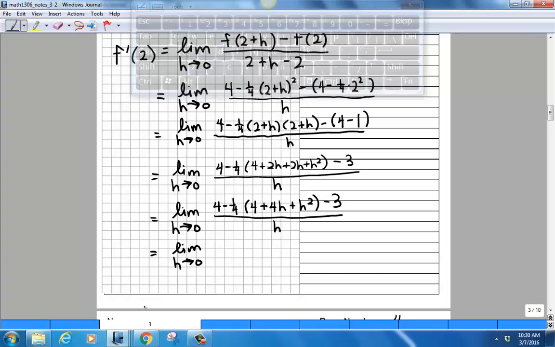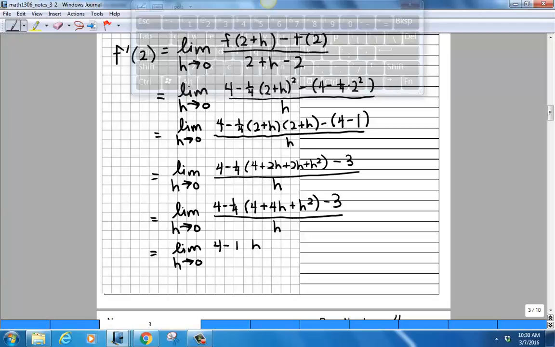And now we can multiply through the 1/4. Okay? So we have 4 minus, well, what's 1/4 times 4? That's 1. 1/4 times 4h, that's easy. That's just h. Okay, oops, forgot to change the sign there. So there's another easy mistake to make. Make sure you distribute your sign properly, right?